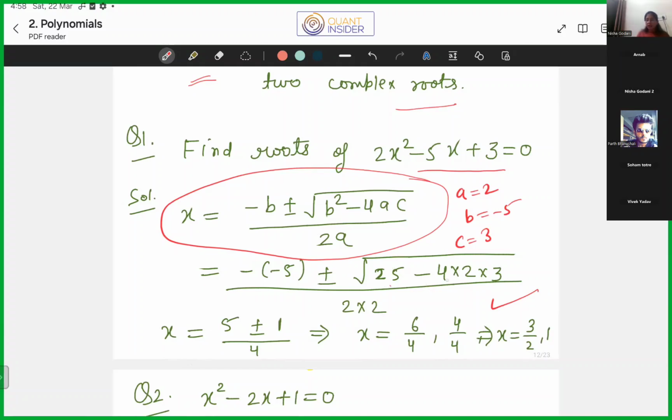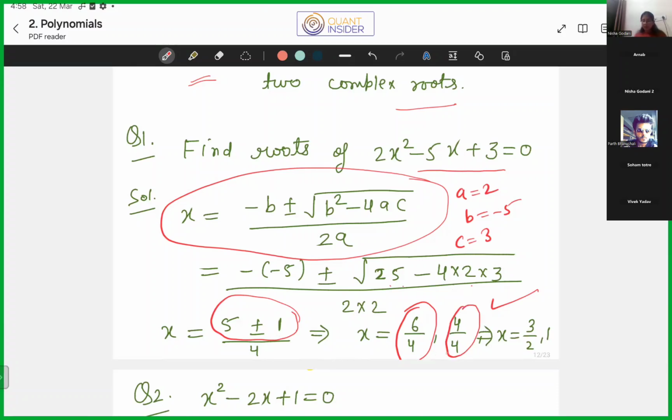25 minus 4 into 2 into 3: 4 into 2 is 8, 8 into 3 is 24, 25 minus 24 is 1. Square root of 1 is 1. So you have 5 plus minus 1 upon 4. You take plus and minus one by one. With the plus sign, 5 plus 1 is 6, so you have 6 by 4. With the minus sign, 5 minus 1 is 4, so it is 4 by 4.